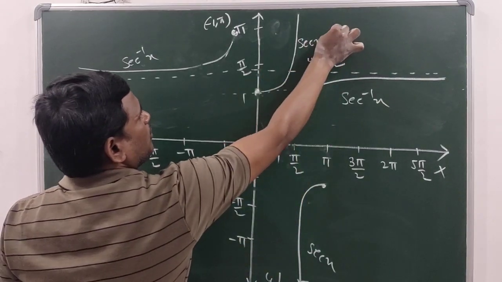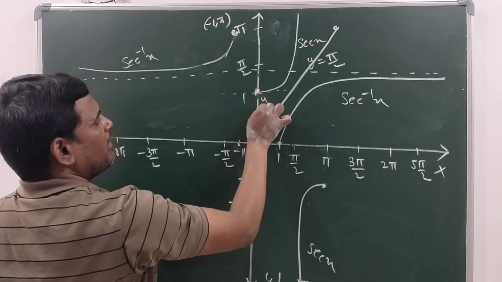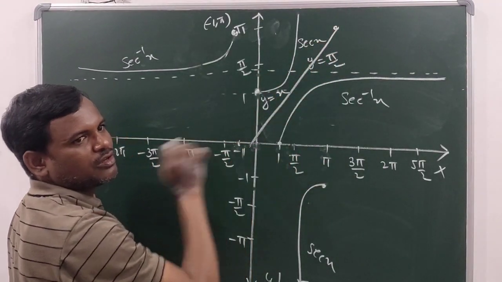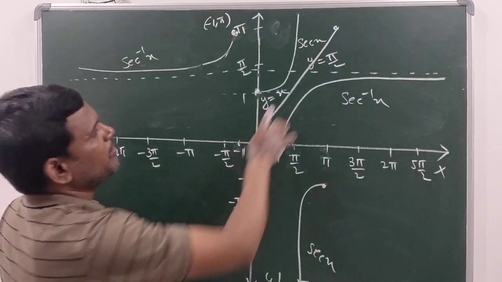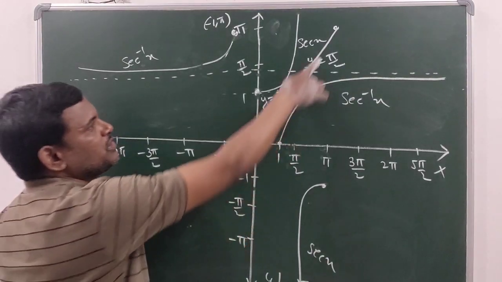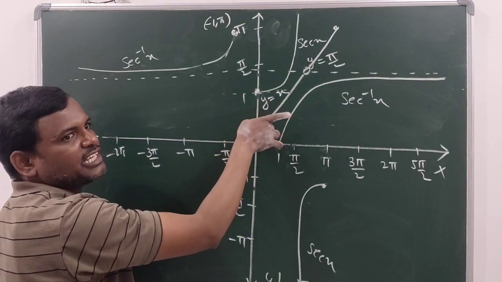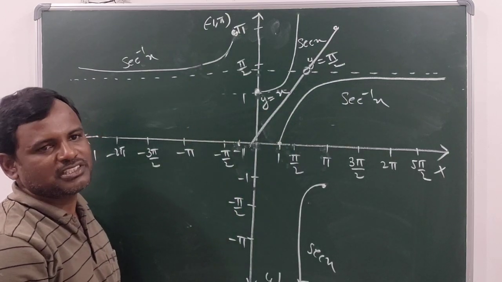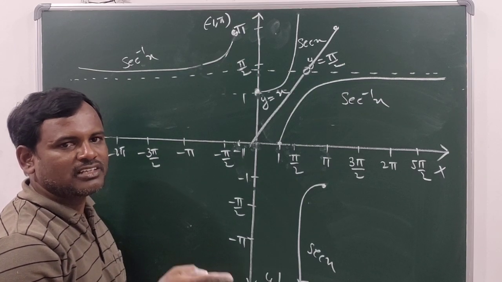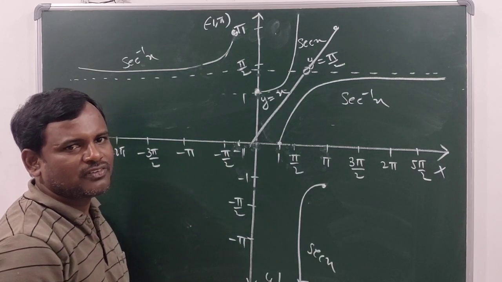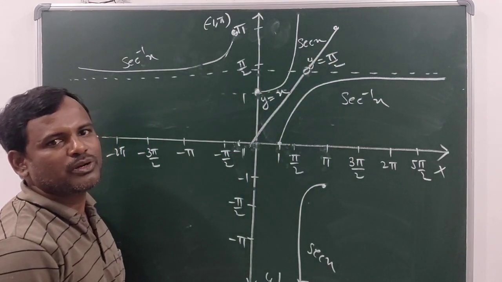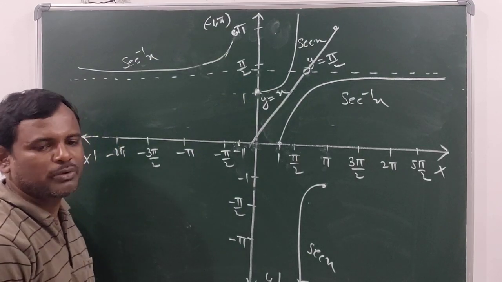Here it is pi, here it is pi, and this is the y equal to x line, between 0 to pi. So here at 90 you have to give the break. With respect to this line, secant x and secant inverse x are mirror images, meaning the graph of secant inverse of x is the image of secant x, and the graph of secant x is the image of secant inverse of x with respect to y equal to x, where 90 should not be included for y. Observe that. I hope you have understood this.